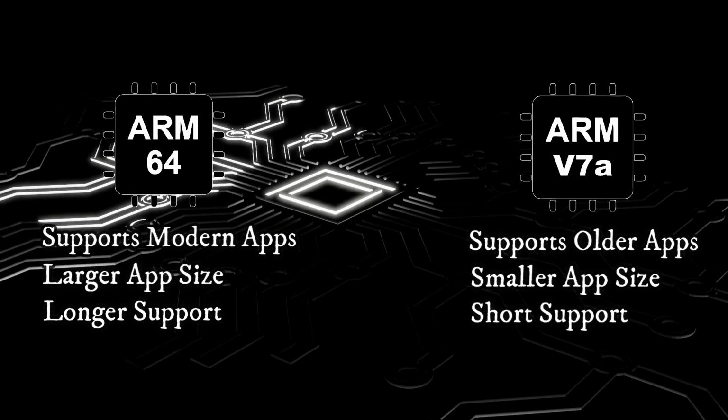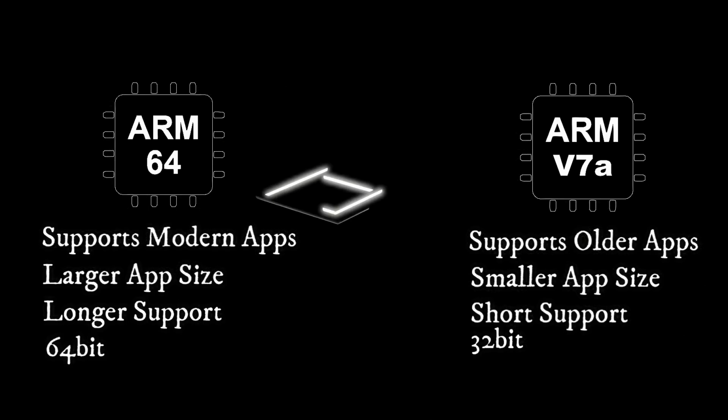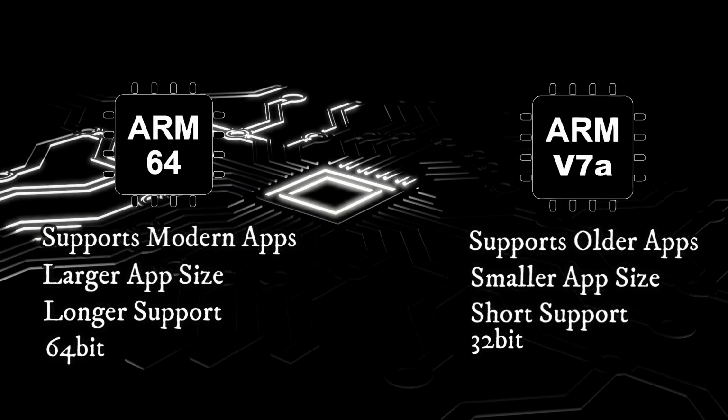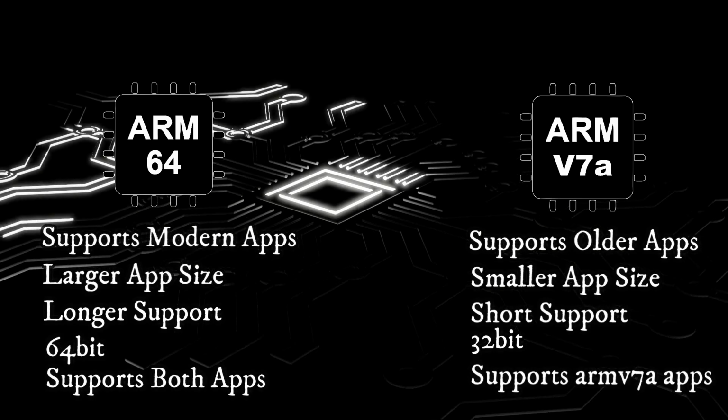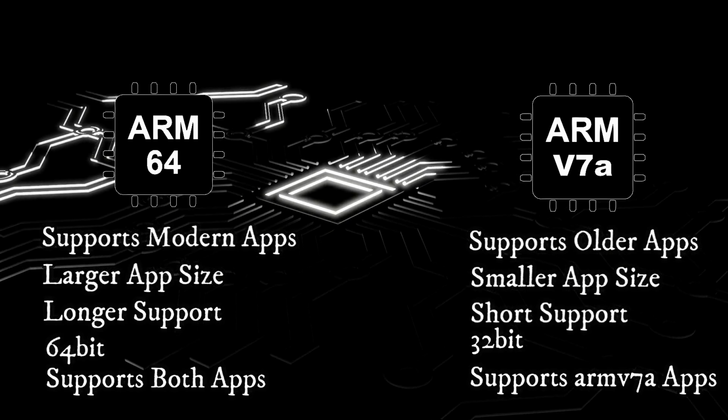On an Arm64, you will see a 64-bit instruction set, but on an Armv7a you will see a 32-bit instruction set. It's like on your PC, you have 64-bit apps and 32-bit apps. Arm64 apps cannot work on Armv7a phones, but Armv7a apps can work on Arm64 phones. So that's the difference between Arm64 and Armv7a.